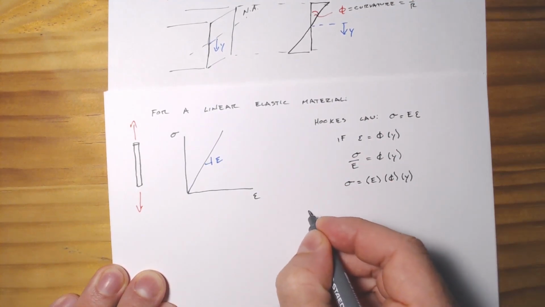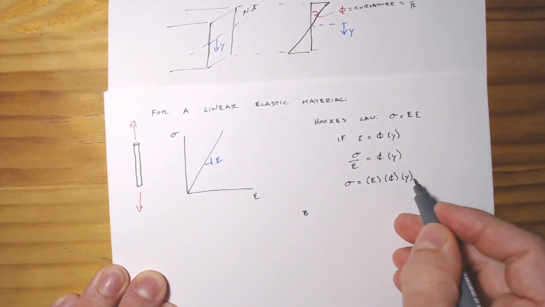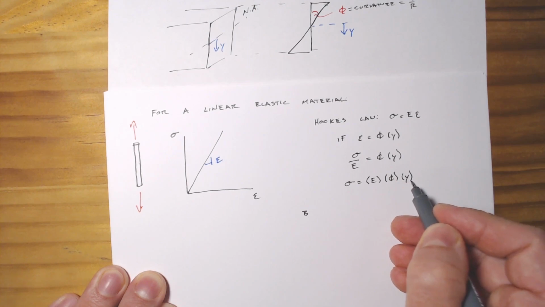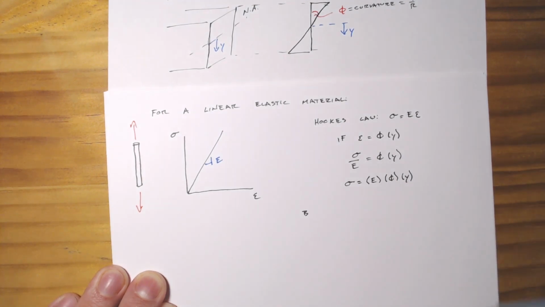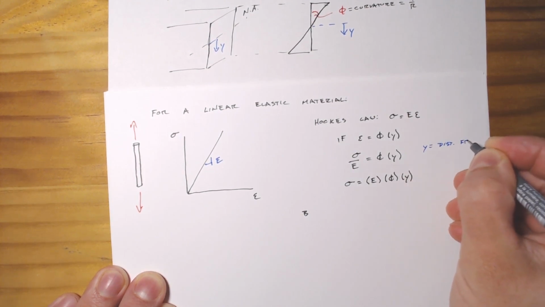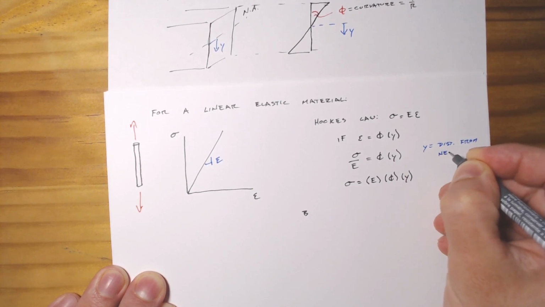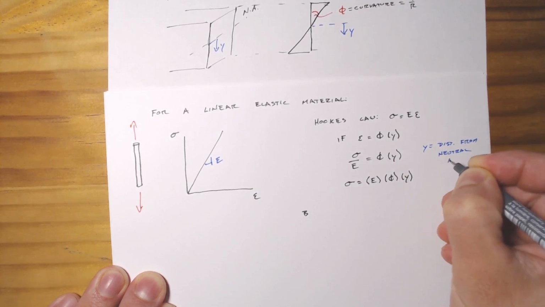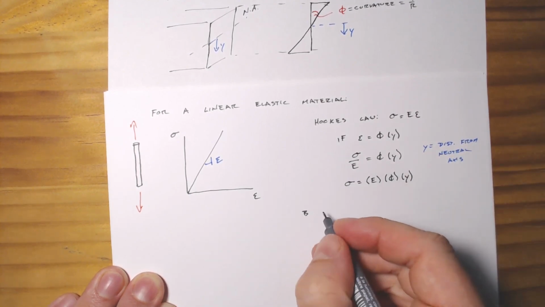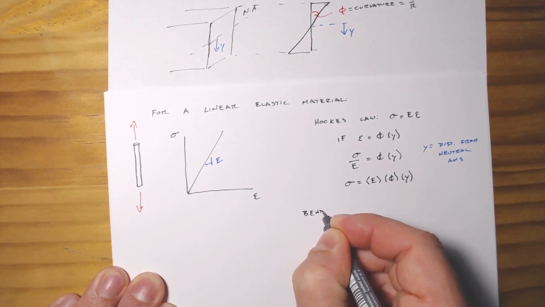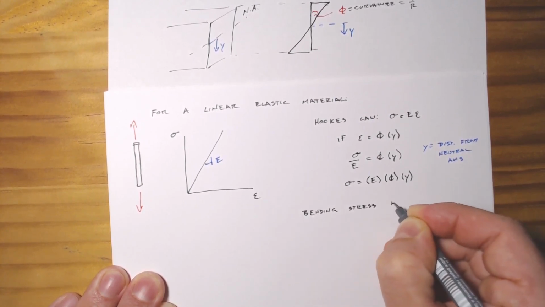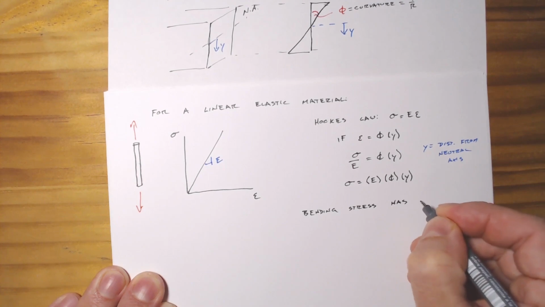This means that bending stress has a linear stress profile because, again, this is a constant, this is a constant. The only thing that changes is the distance away from the neutral axis. So remember, y equals distance from neutral axis. So that means that bending stress has a linear profile.